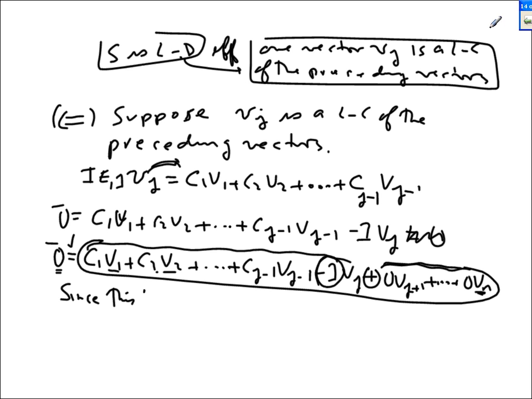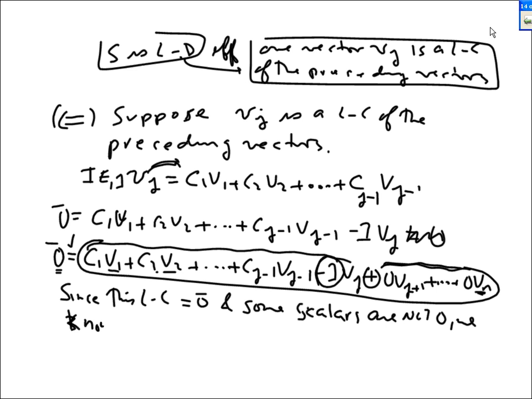Since this linear combination equals 0, and some scalars are not 0, we now have that the set S is linearly dependent by definition of linearly dependent.